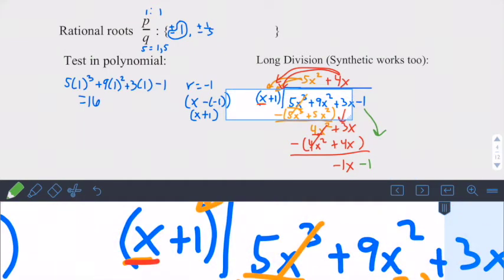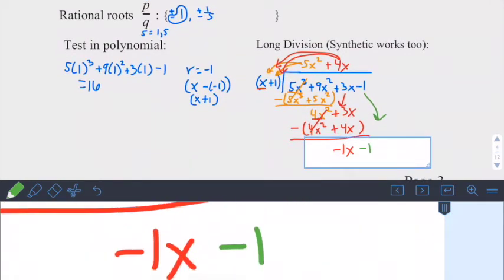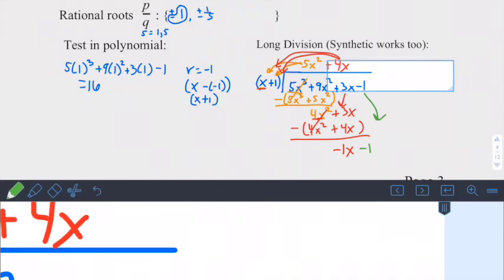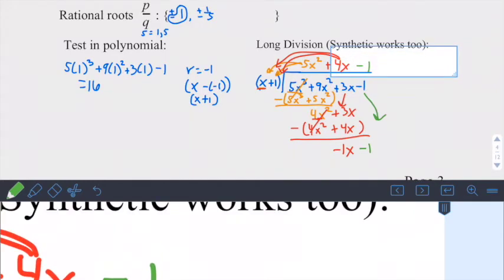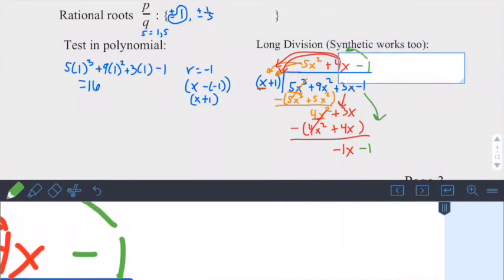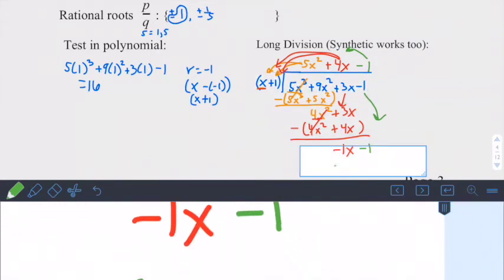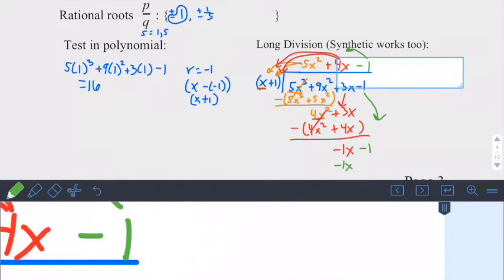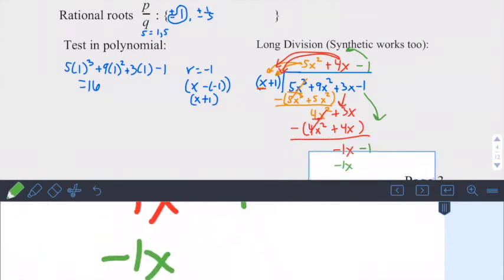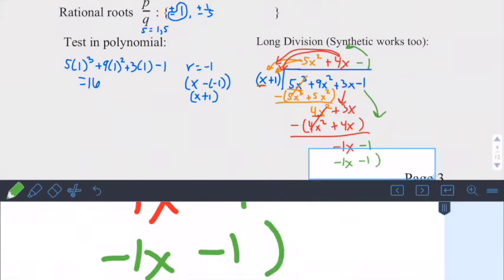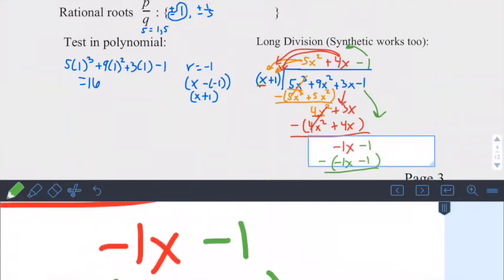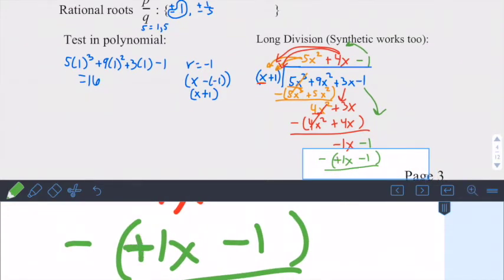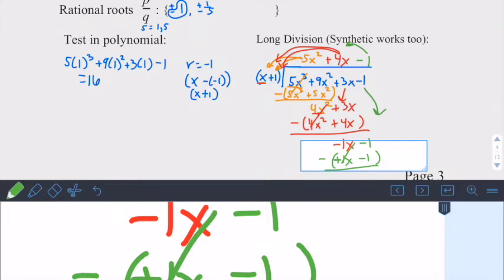And now I need to multiply x plus 1 to get negative 1x. So I'm going to multiply it by negative 1. And again, distribute. So negative 1 times x, negative 1x. Negative 1 times 1, negative 1. And if I subtract, negative 1x minus negative 1x makes this plus 1x, so 0x.